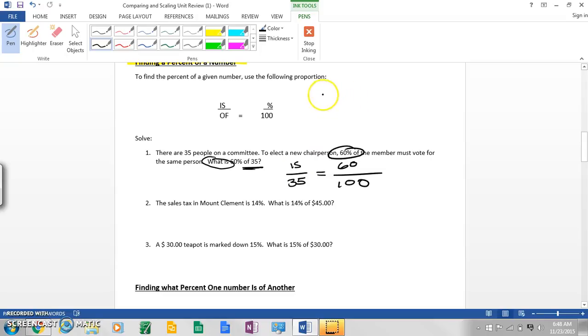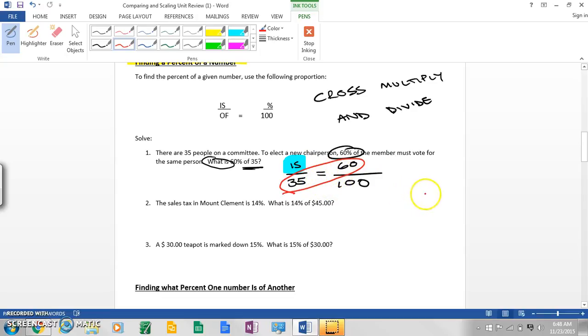Now, let's use cross multiply and divide. Some of you might be able to find the scale factor. What I'm going to do is cross multiply and divide. Essentially what we're doing is figuring out what is 60% of 35. So the first thing we do is multiply these, 60 times 35.